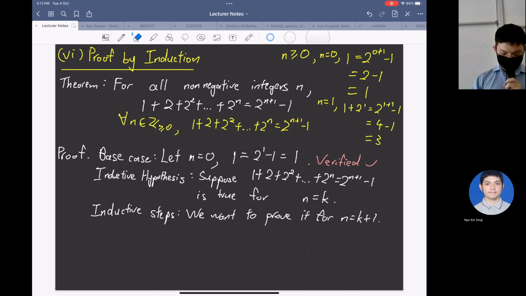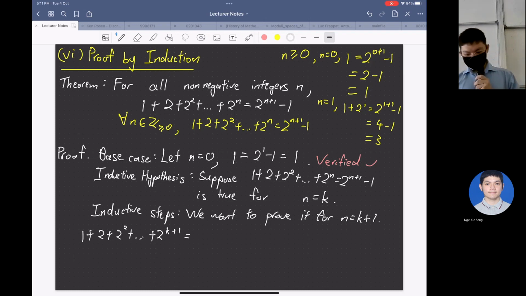So what am I doing? So 1 plus 2 plus 2, 2 to the k plus 1. Okay, so we have this. We want to prove it for k plus 1. But remember that the case equal to k hides inside here, right?